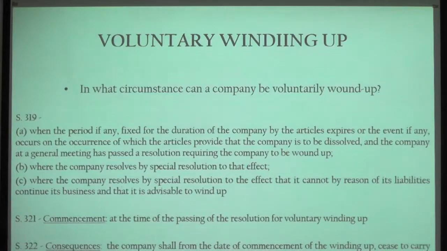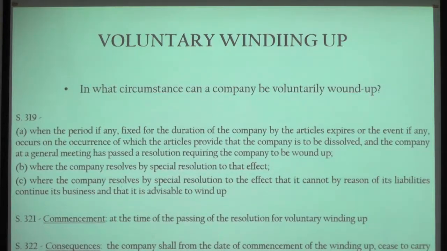Now if you analyze these three instances where voluntary winding up can take place, in the first case, it is by virtue of the operation of the articles of association, where the articles have specifically mentioned a duration of time that the company would exist, or until an occurrence occurs.